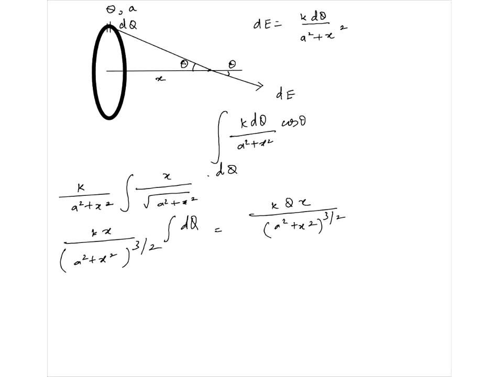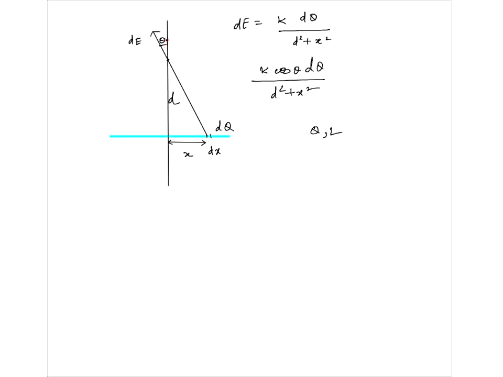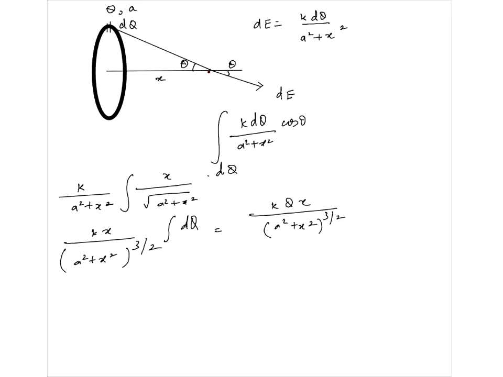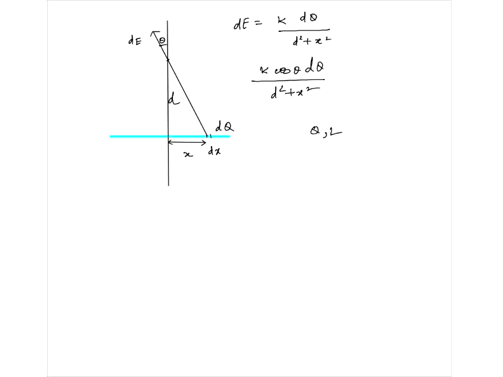The net field will have this direction if Q is positive, and if Q is negative, field would have this direction. So for every dq, dE cos theta will survive, and everybody will have same direction of dE cos theta. So you can integrate now.